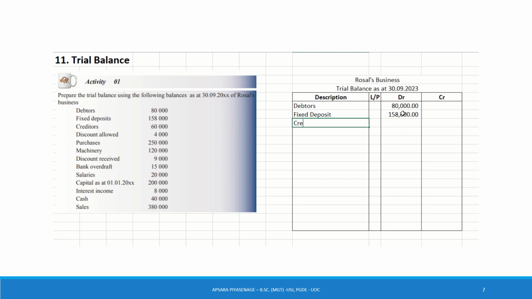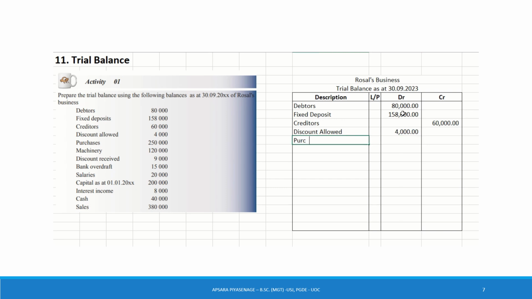Then creditors. Creditors are a liability, so it should be credited. Then discount allowed. Discount allowed is an expense to the business, therefore we debit that.